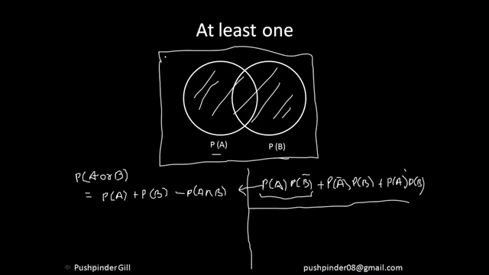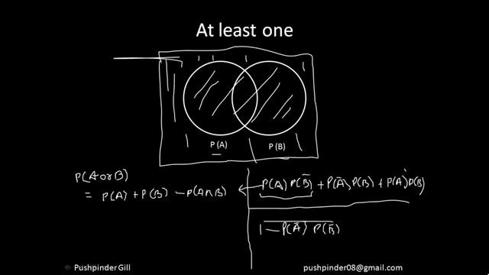So that will give me this complete universe, right? And if I subtract one from them, that means either at least one of them happens or both of them don't happen. This is the scenario here. So I can calculate it by 1 minus probability of event A not happening and probability of event B not happening. So this is an even smarter way to do that, right?